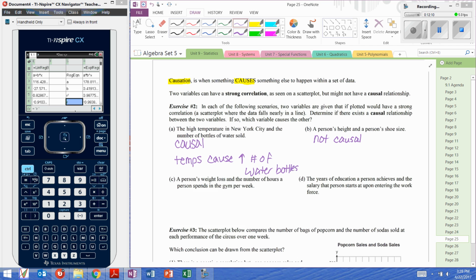So I guess we're going to go with that. But yes, I do agree with you that sometimes that might not happen. So we will say that this is a causal relationship. We're going to say that the hours at the gym would cause weight loss.